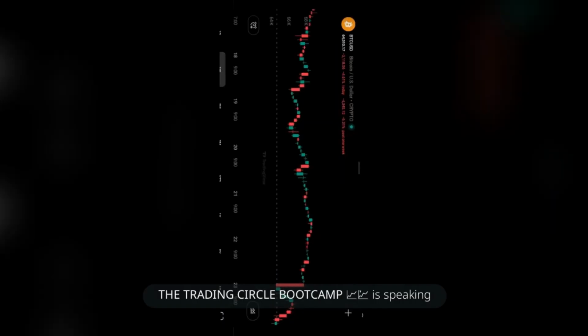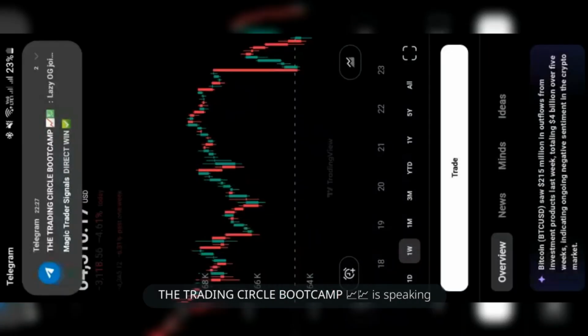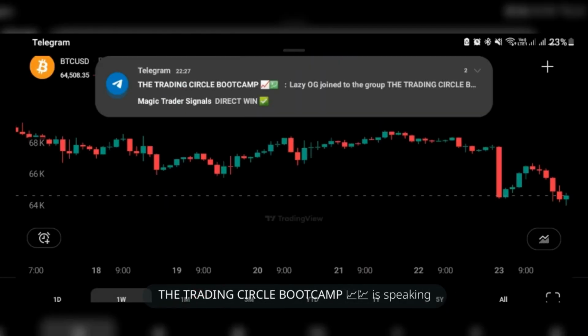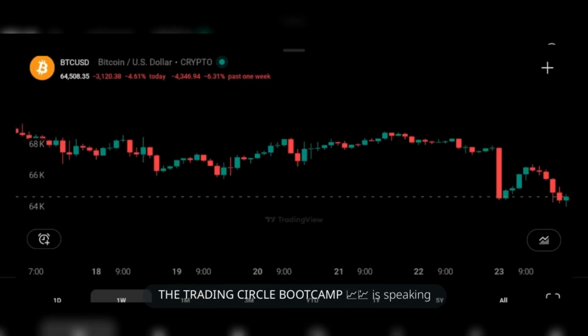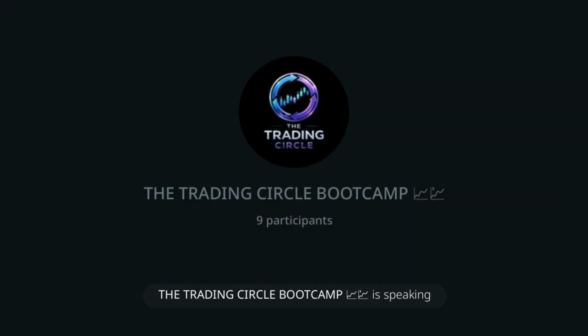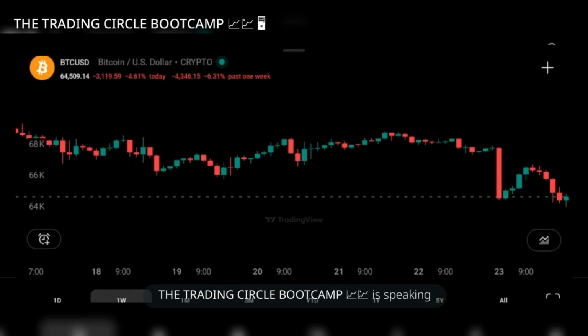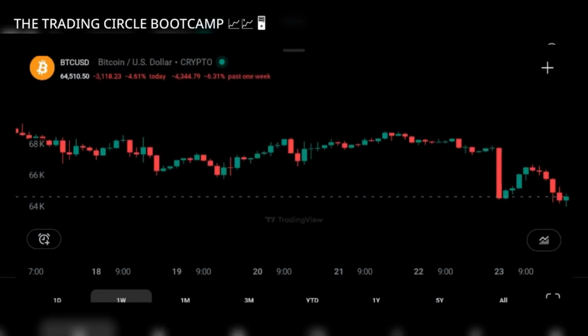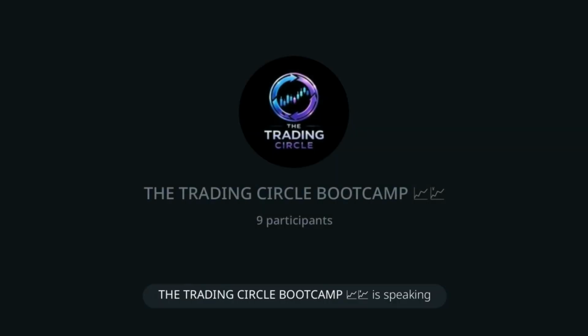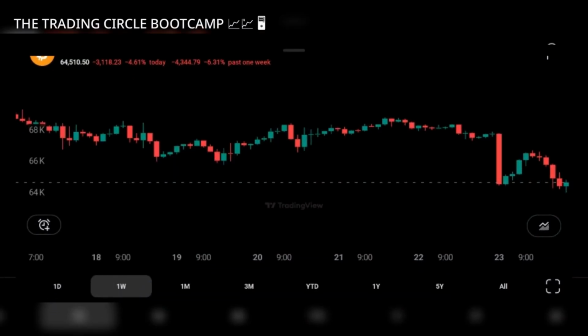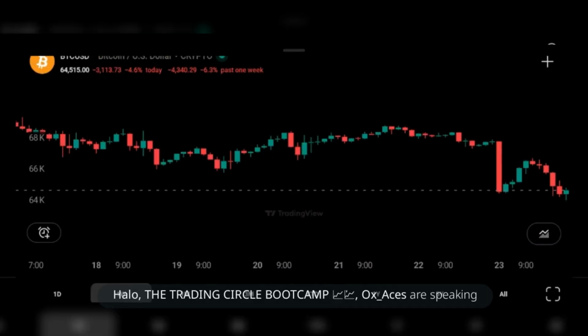So we all know the market is all about buying and selling, and as you can see, we can see some movement here from these candlesticks. We see green candles, we see red candles. Is that so? Yes, that is true.